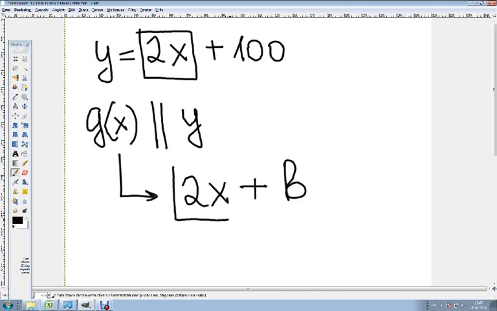The idea behind it is that the slope or gradient is the same here.